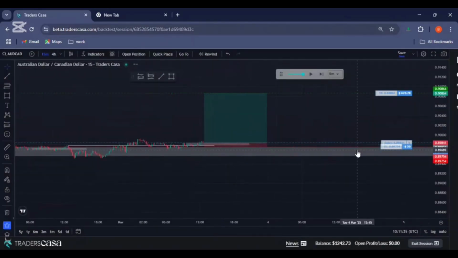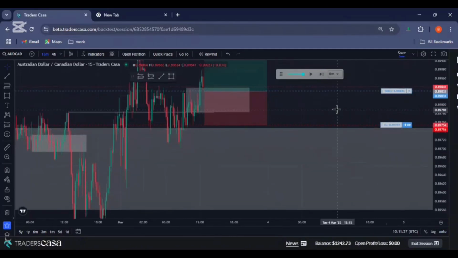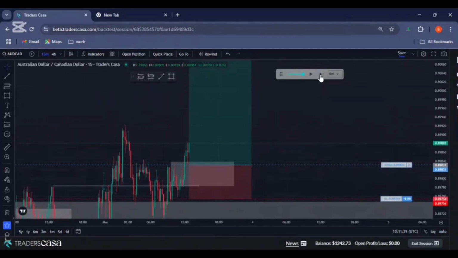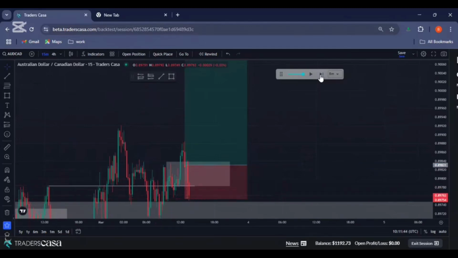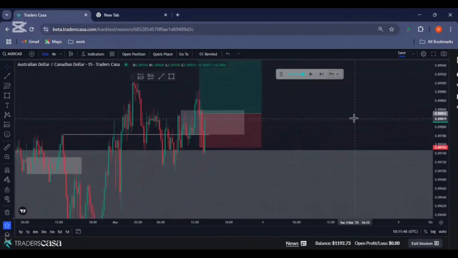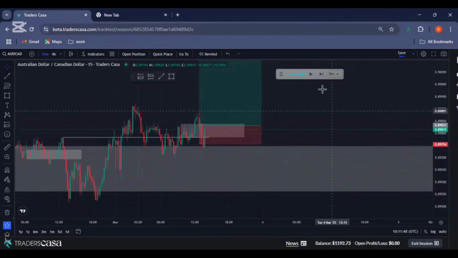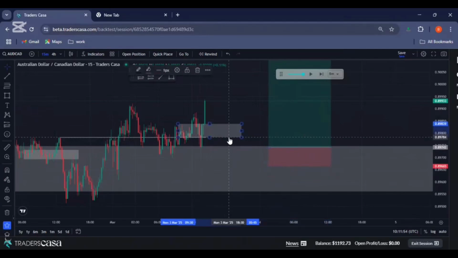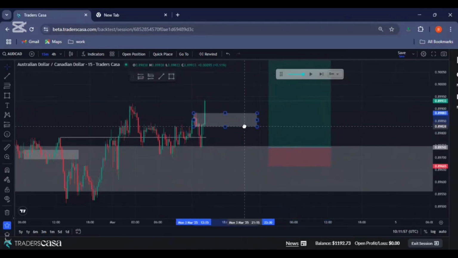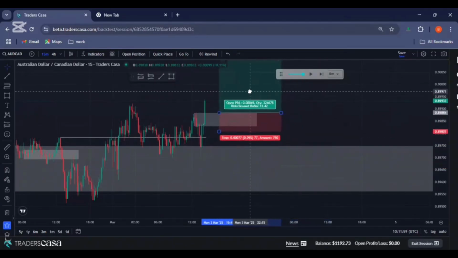So let's see how it goes now. Let's see how it goes now. Okay. That's still a bad trade. Just don't worry. Okay. So we are up again. Still going to trade from this breaker block.